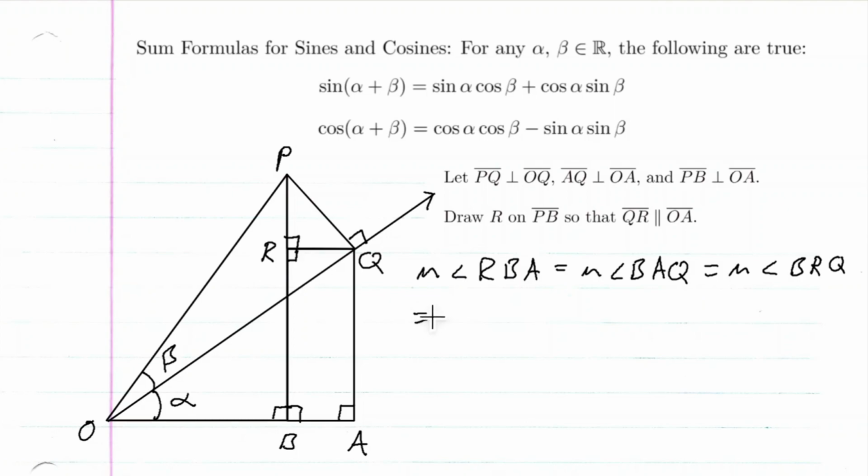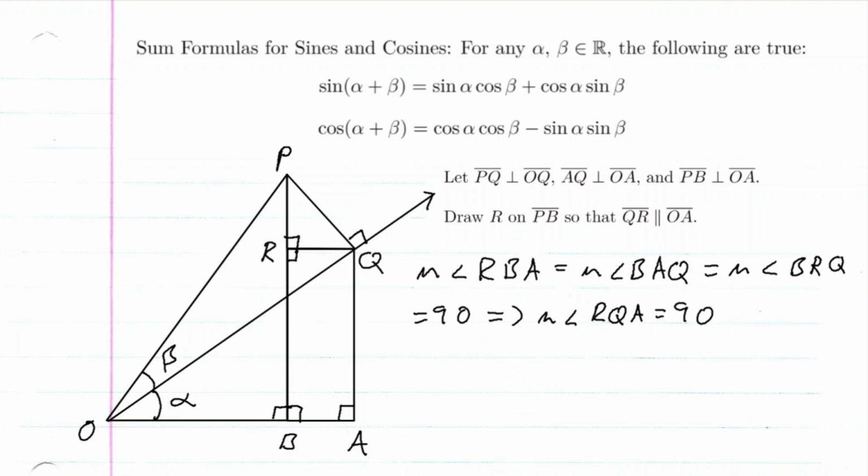And all these are equal to 90. This implies, of course, that the measure of angle RQA is also equal to 90.